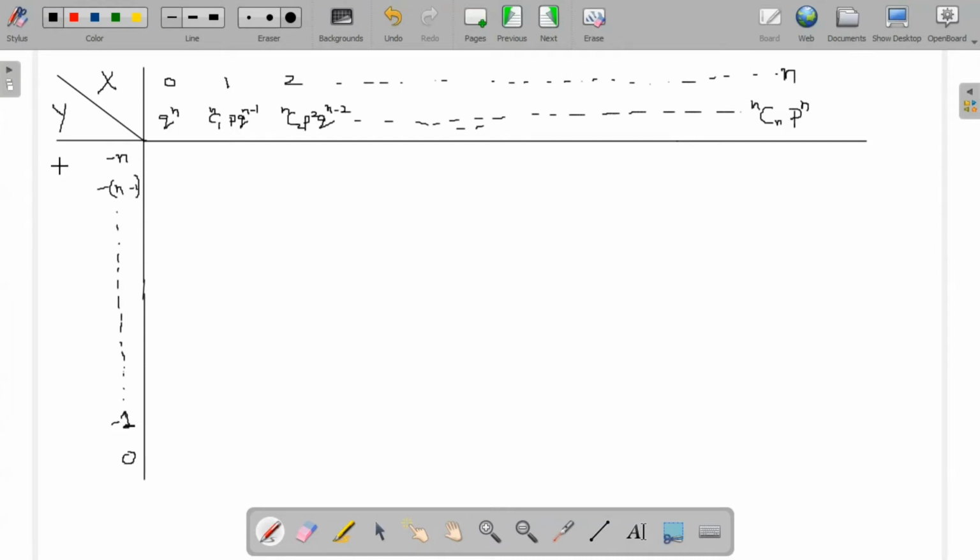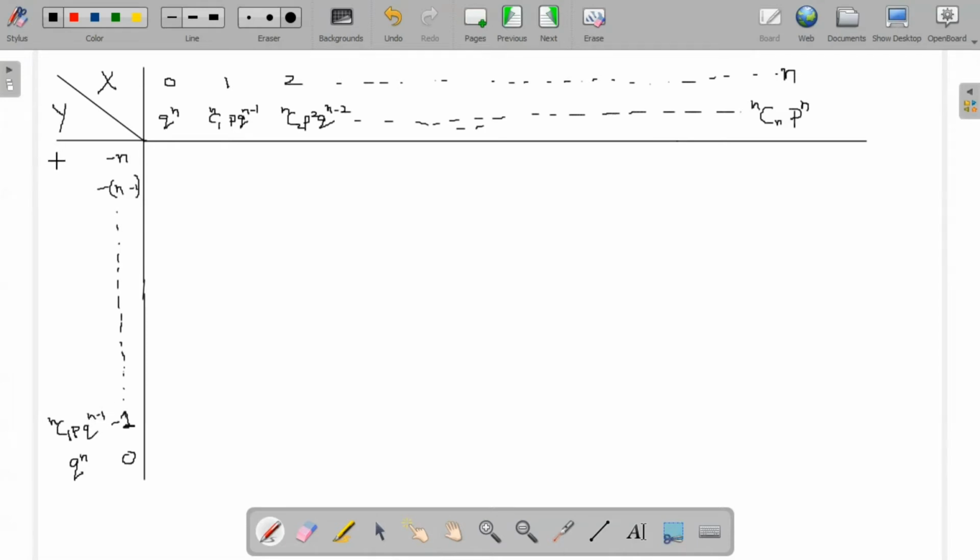What will be the probability of 0? For 0, its probability will be q power n. For 1, its probability will be nC1 p power 1 q power n minus 1.